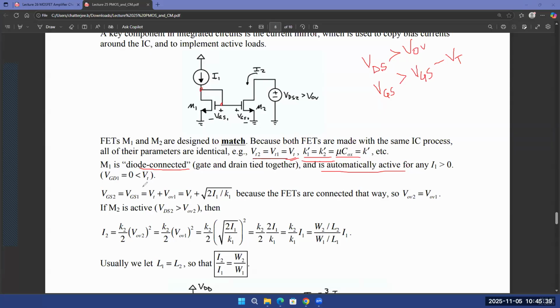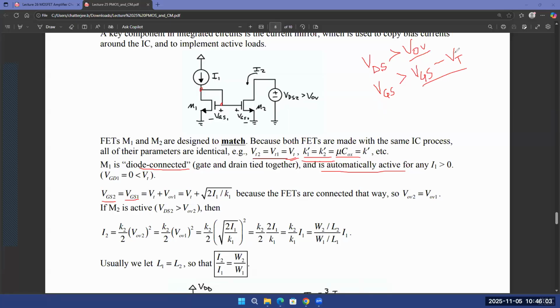Okay, so with those assumptions, what we can write is that VGS2 is equal to VGS1. Why? Because the gates of both transistors are connected together, and the sources are both connected to ground, which means they are also connected together. So the VGSs are equal. Now, V overdrive is equal to VGS minus VT.